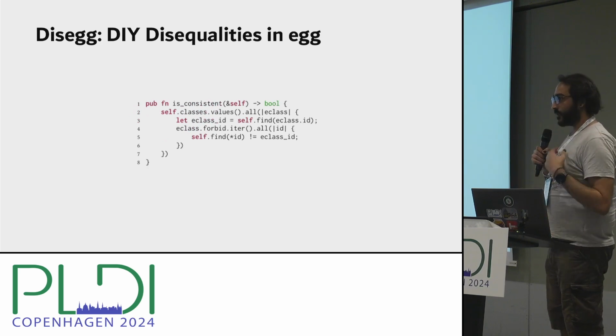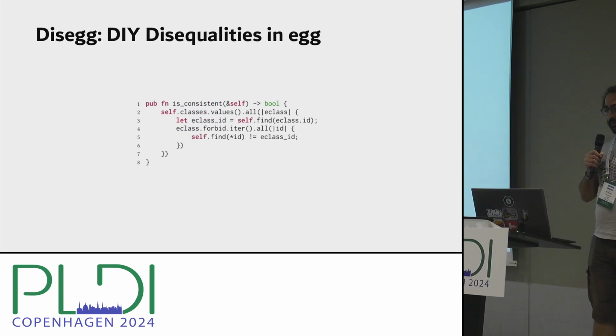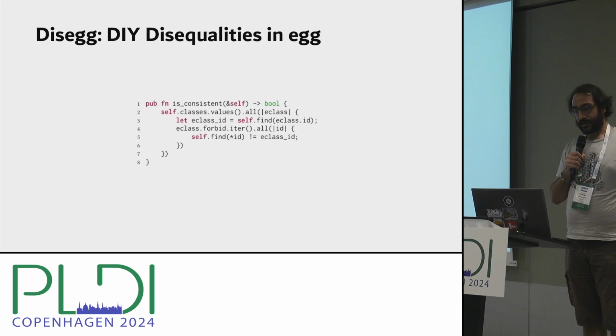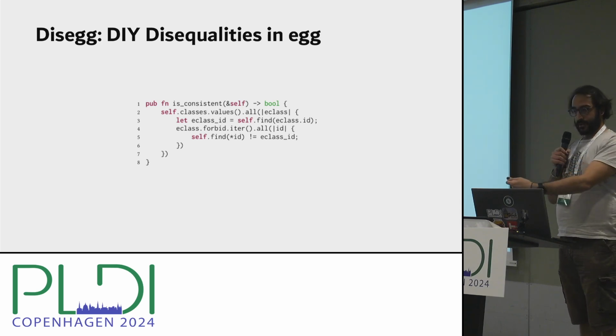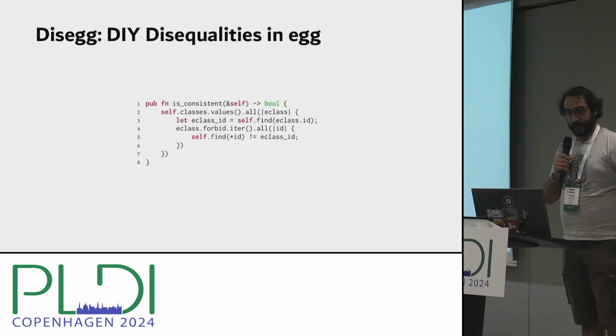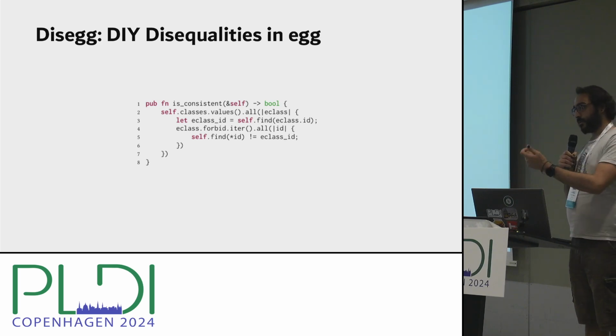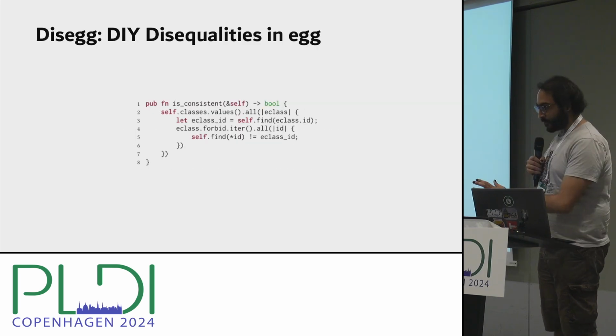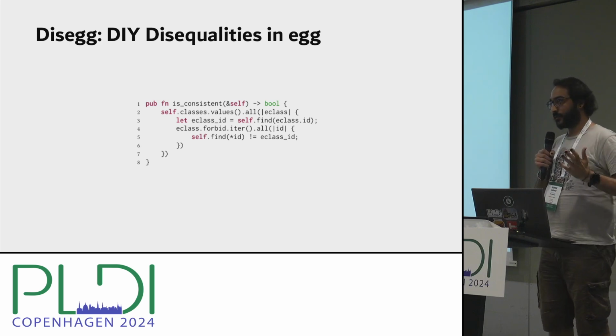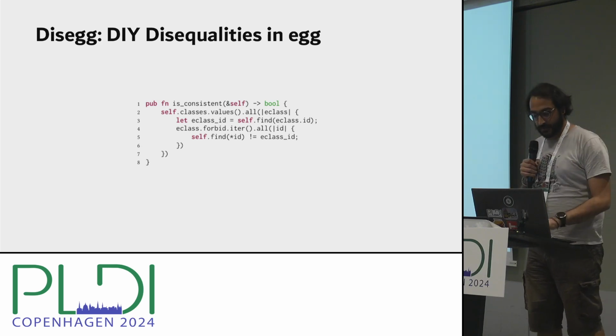When you want to check that there is no contradiction in your EGRAPH, line 2 says go over all of the classes. Line 3 says get their IDs. Line 4 says go through all of the E-classes in the forbid list. And line 5 says check that they are not the same. That's pretty much it. And if you do this, you have this egg. That's kind of the changes you have to do to egg to have disequalities.